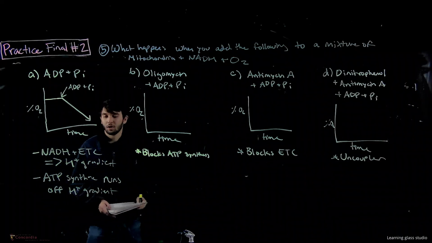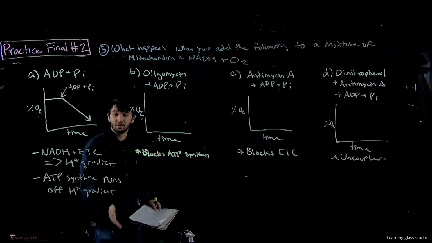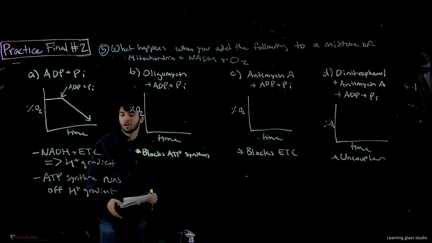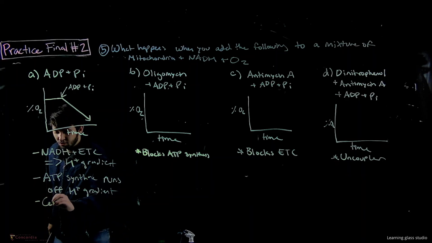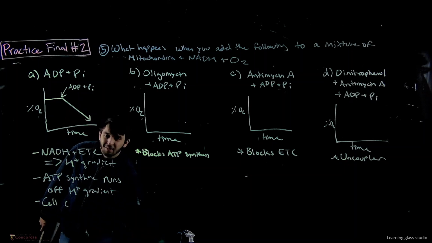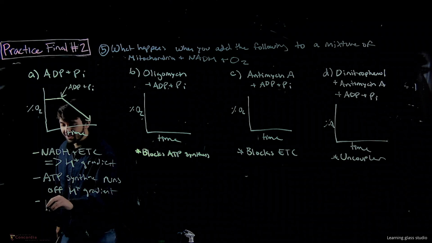So essentially what's happening is NADH is constantly building up the H plus gradient, and ATP synthase will constantly be using up that H plus gradient. So the cell will continue to generate the H plus gradient. Or well, I guess these aren't cells. So mitochondria. So we'll keep doing it.